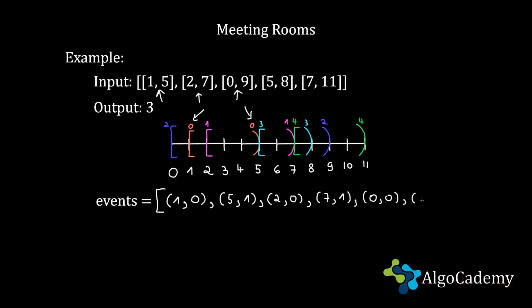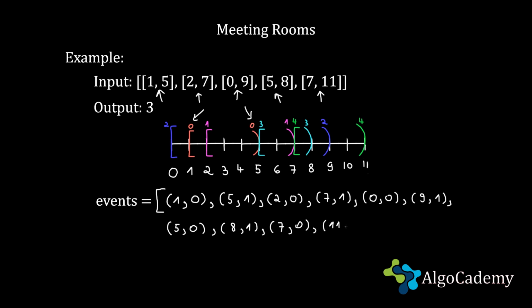Second event 9, end of the meeting. Next one, 5, 8. Awesome. 5 and start, 0. 8 and end. And of course, the last meeting, which has the events 7, 0 and 11, 1, right?